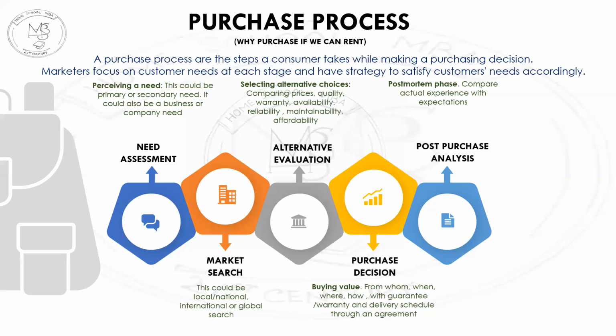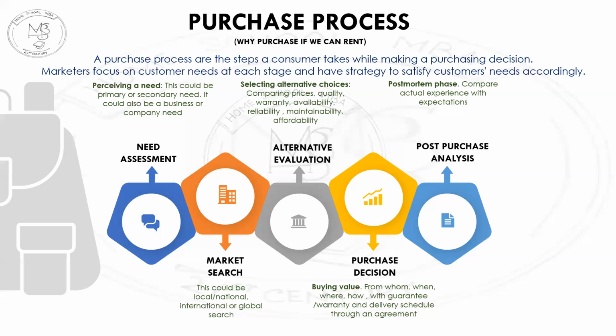So that's again a very important factor: if we can rent and that is more profitable, then why go into the process of procuring it? This must be kept in mind: why purchase if we can rent it.